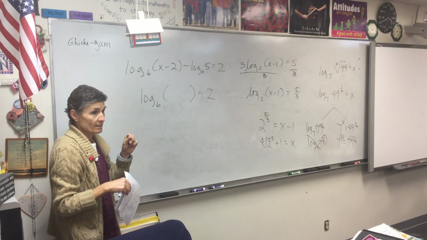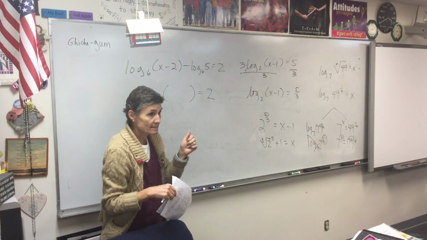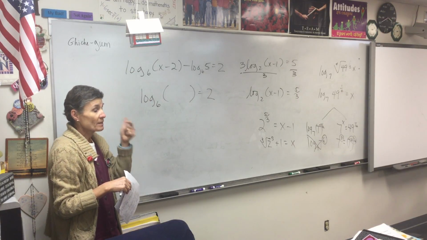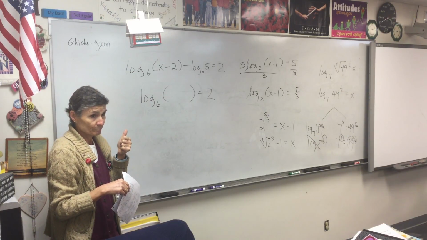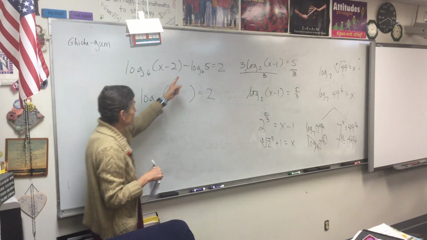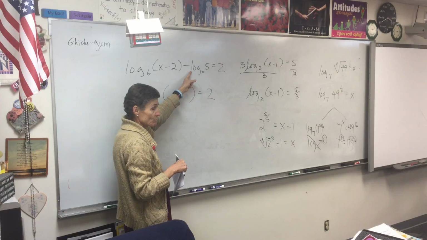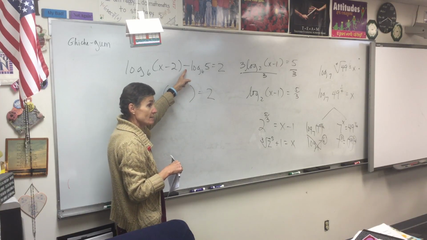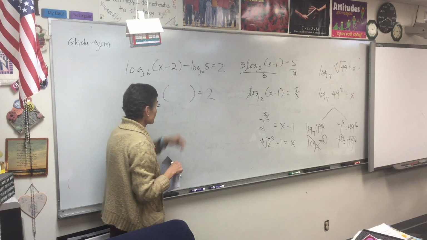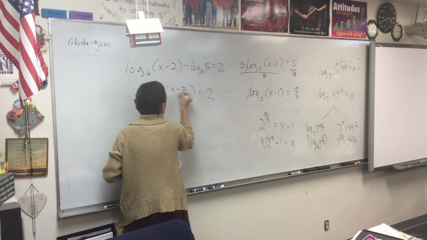I'll give you a hint. They always go together as either a multiplication or a division. How are these going to go together? They divide. There's going to be a divided by. And the reason it's a division is because that is a subtraction. If that had been an addition, they would go together as a times problem. So I've got x minus 2 over 5.